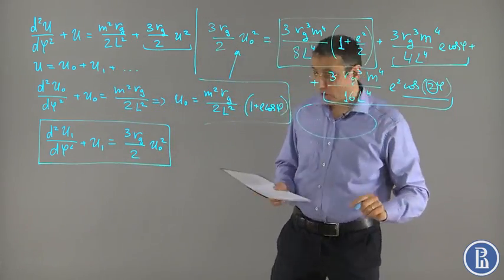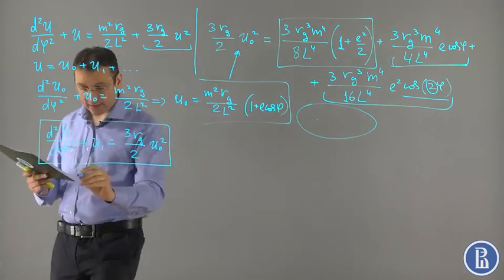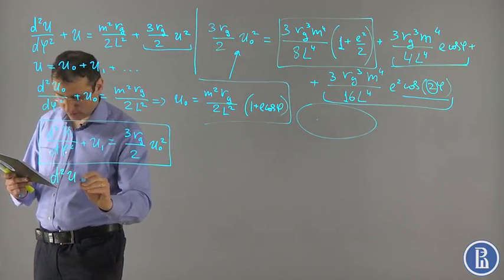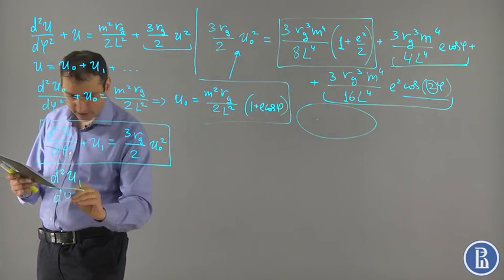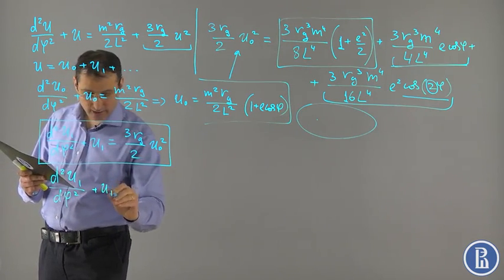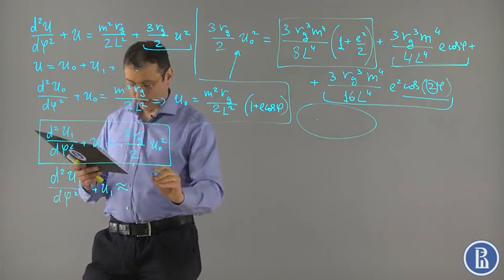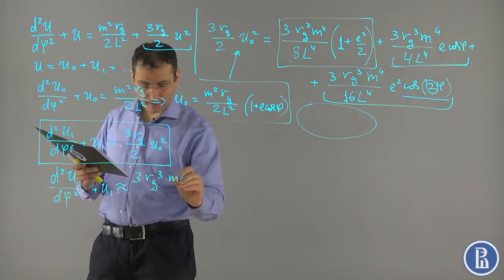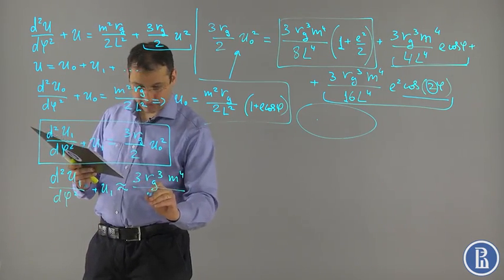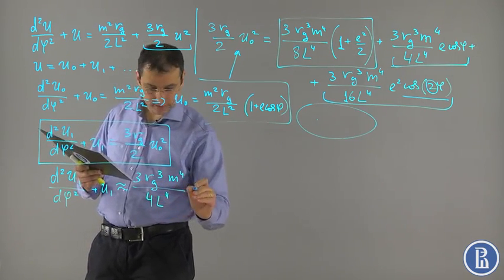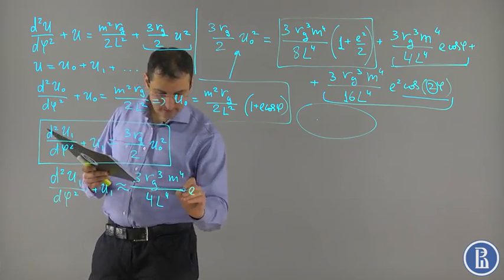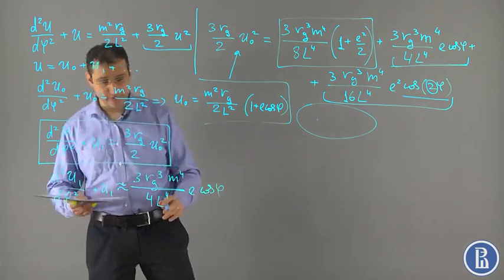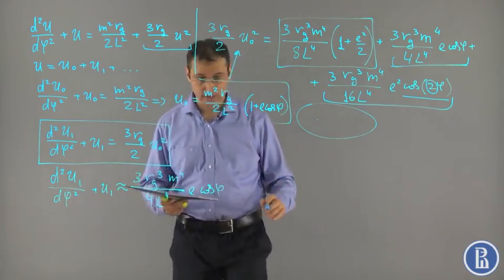So our goal then is to find the resonance solution of the following equation: d squared u1 over d phi squared plus u1 approximately is equal to 3 rg cube m to the fourth over 4l to the fourth e cosine phi.